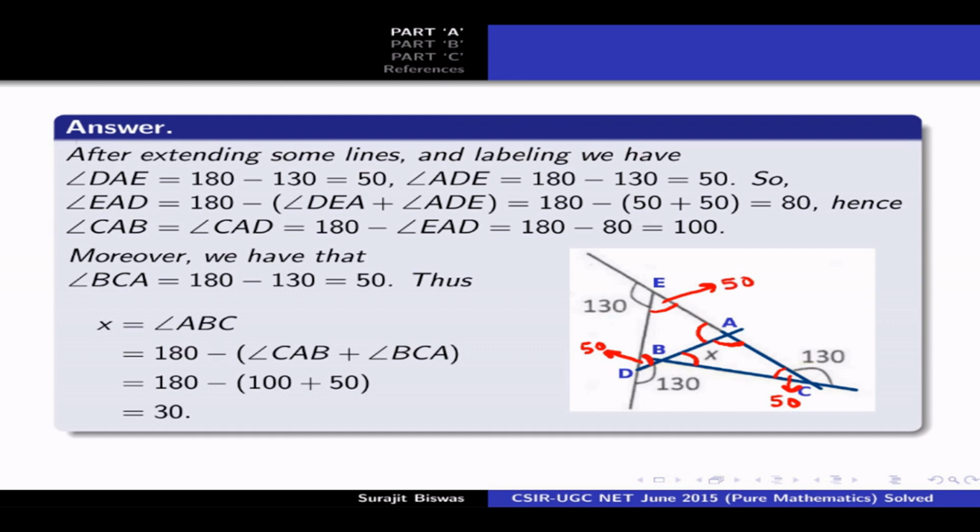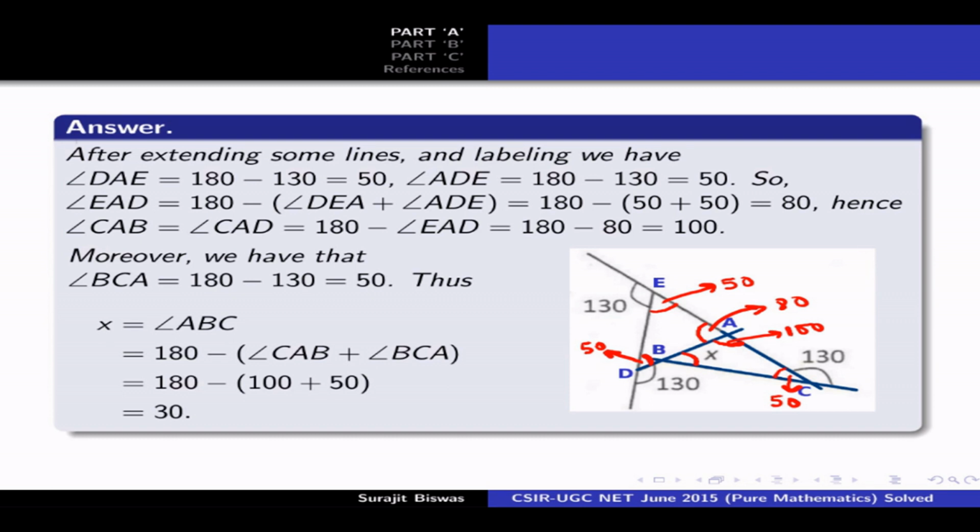Therefore this angle would be 180 minus (50 plus 50), that is 80. Therefore this angle would be 180 minus 80, so 100. So X would be 180 minus (100 plus 50), that is 30.